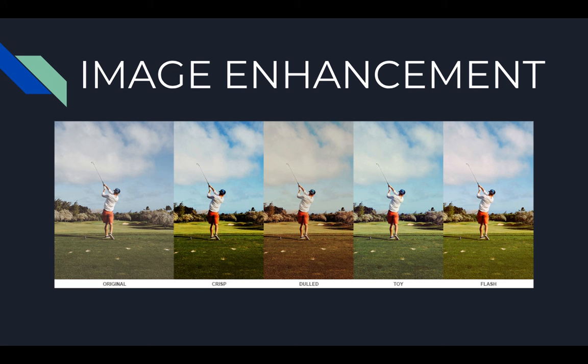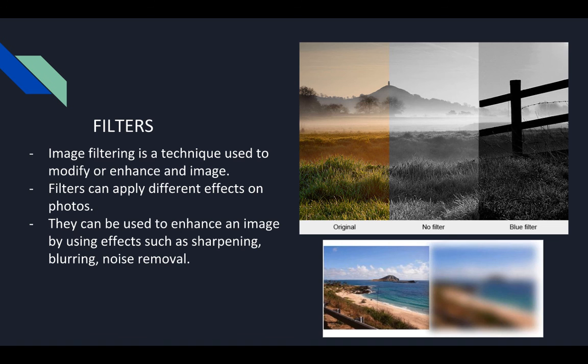So image enhancement techniques. This can involve filters, which is a technique to enhance or modify an image. So filters can include blurring, sharpening, noise removal, just to make the image look better. Or it can even use filters to change the colors in an image to add color or remove color.